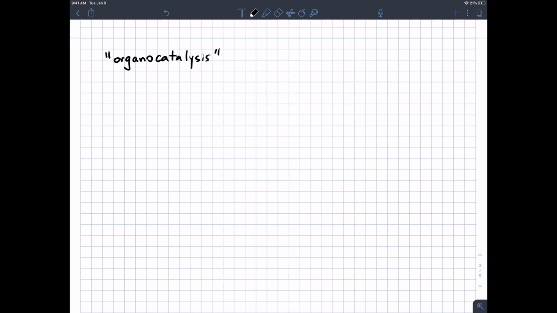So this field was small at first, but then sort of exploded, and there's tons of organocatalysts now. They tend not to be as efficient or have as high turnovers as a lot of the organometallic type catalysts, and so it's still a developing field.